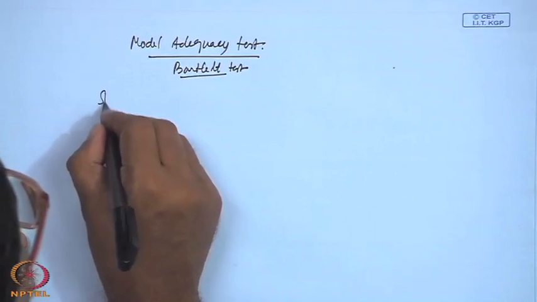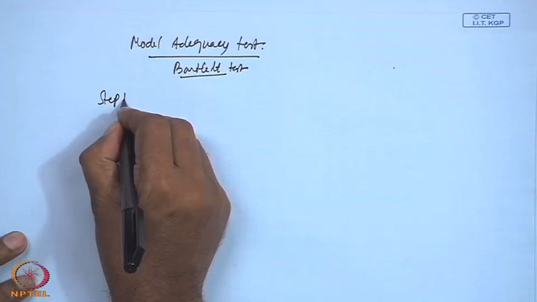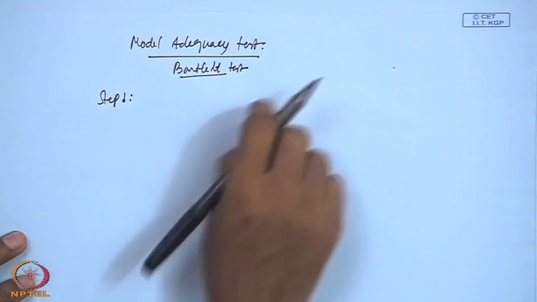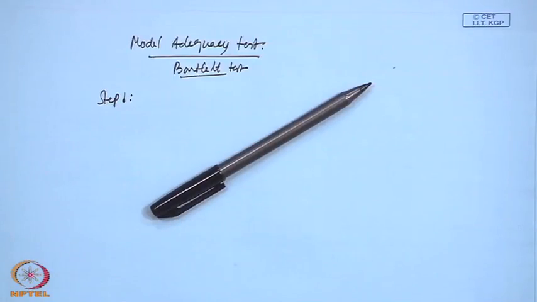Here step 1, step 2, step 3, different steps are there, but I think time is up now. What I will do next class, I will start explaining the hypothesis test, that Bartlett test, and then we will go for factor rotation, then factor scores, followed by one simple case I will show you, so that whatever theoretical portion I have discussed here, it will be easier for you to grasp. Okay, thank you very much.